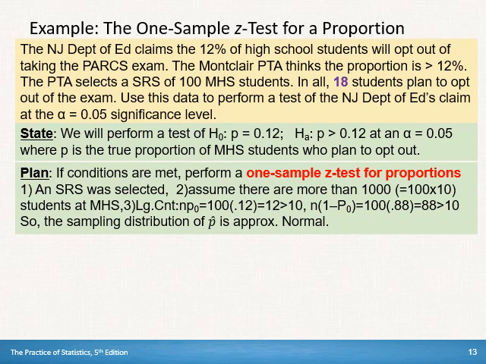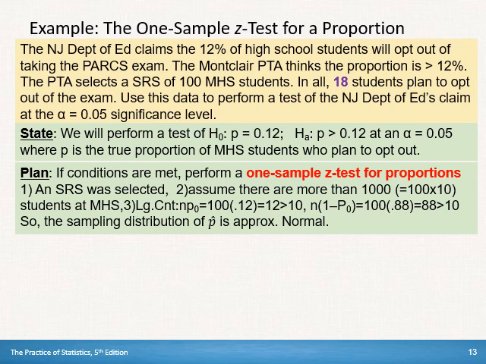All right, so the one sample Z test for proportions. An SRS was taken of Montclair students. Assume that there are at least 1,000 Montclair students because we randomly sampled 100 of them, and then check the large count. So N times P, 100 times 12. And again, remember, you're not using P hats there.